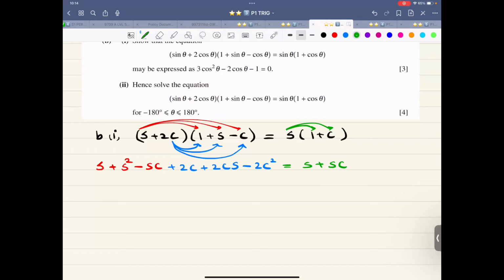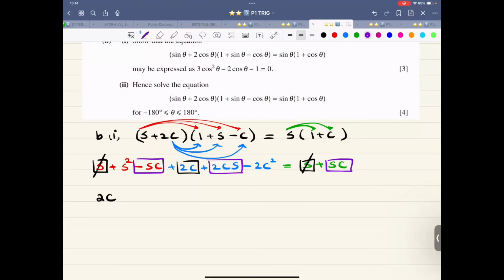So now let's take everything on one side. First of all, we have S, we have 2C, we have S, and first get rid of the S, that cancels out. I'm left with 2C. That is the first thing. Now let me choose negative SC plus 2SC plus SC.